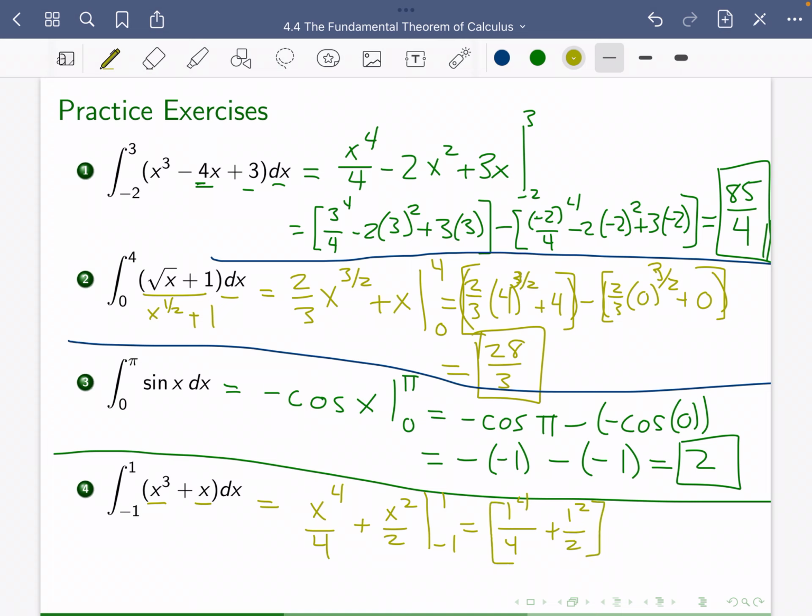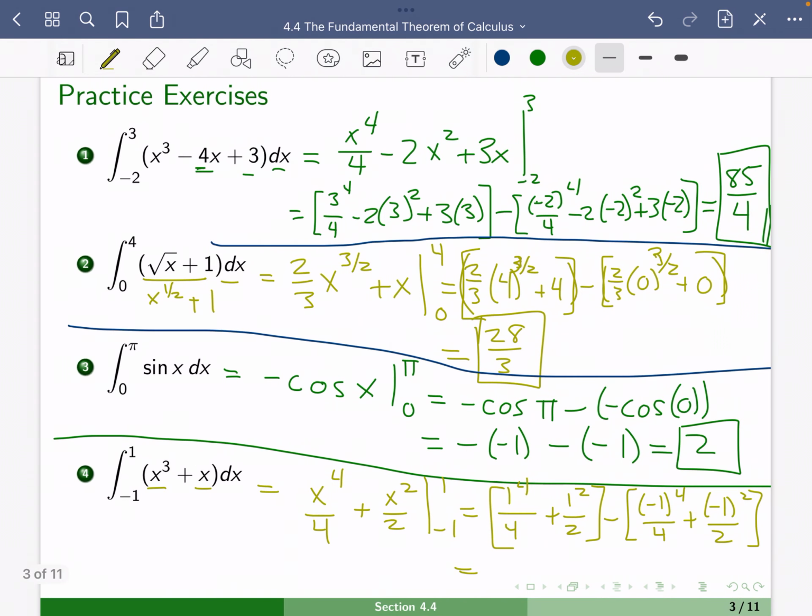And then from that, we are going to subtract negative 1 to the fourth over 4 plus negative 1 squared over 2. And when we do this, what are we going to get? We end up with 0 itself.